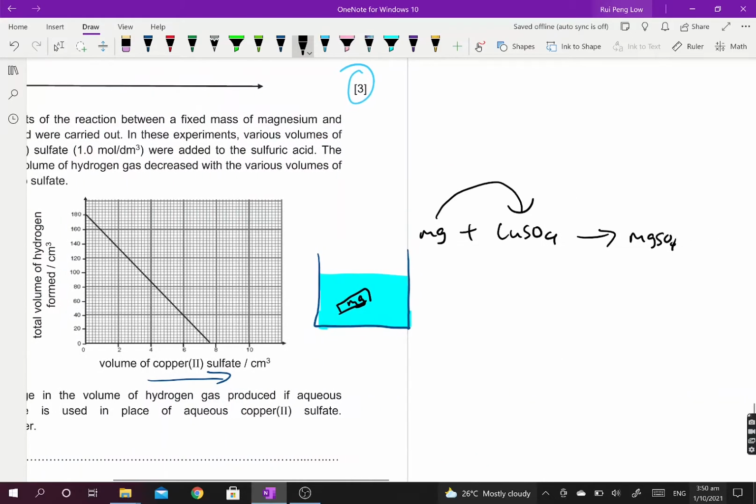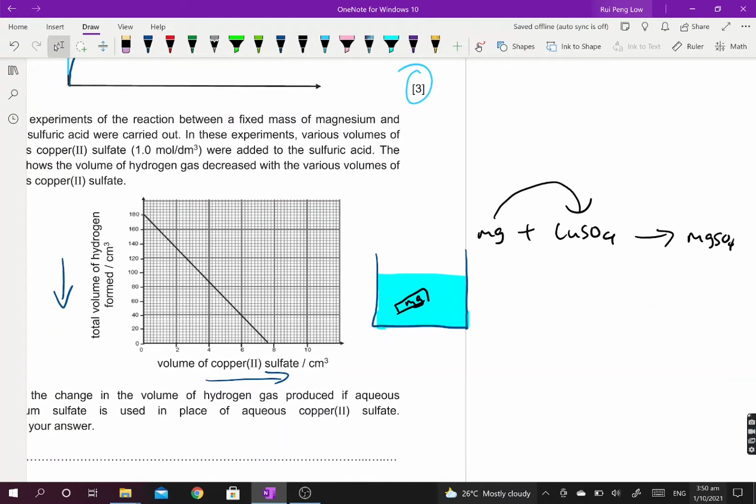Okay? In short, what I'm trying to say again is that magnesium will displace copper, and now you see your magnesium is now in the solution. In order for you to produce hydrogen, you need magnesium plus H2SO4. Now no more magnesium. So what happens? Then no more hydrogen.